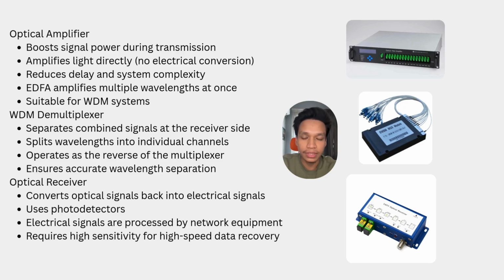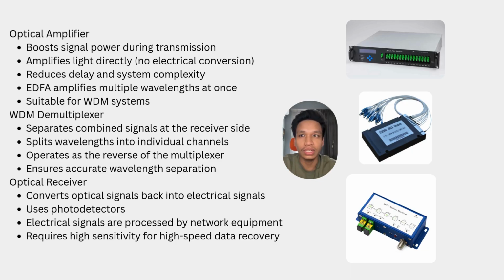It is also suitable for WDM systems. The next one is the WDM demultiplexer, which separates combined signals at the receiver side. It splits wavelengths into individual channels, and it operates as the reverse of the multiplexer, hence the name demultiplexer.